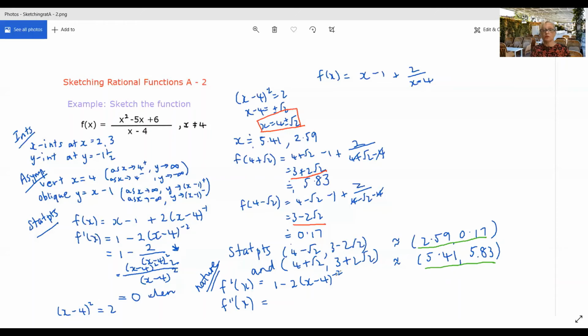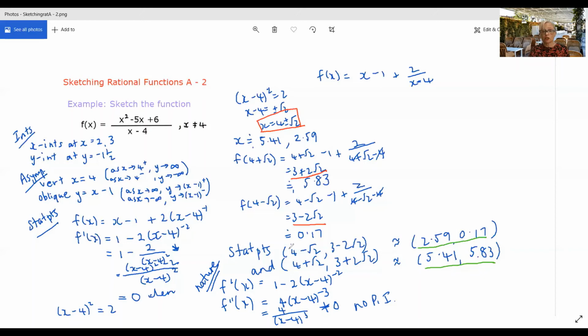I'm going to get negative 2 times negative 2, which is 4, x minus 4 to the negative 3, and that's 4 over x minus 4 cubed. Now that is never going to be 0 because it would only be 0 if the numerator were 0. 4 is 4, okay? It's never going to be 0. So no points of inflection there.